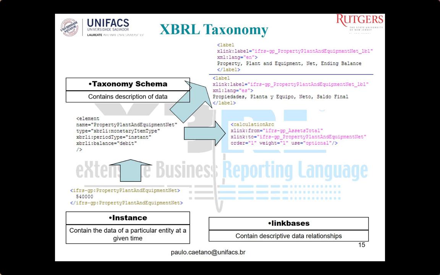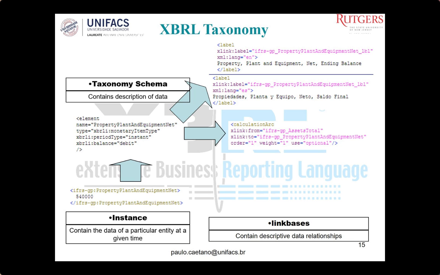This resource is in the English language with the name property, plant, and equipment net, ending balance. And I have another label in Spanish. So I can establish a relationship between these two labels and these elements.